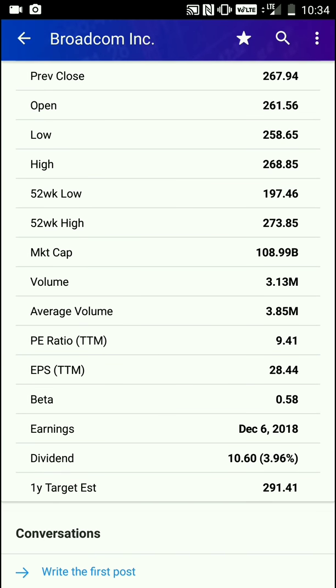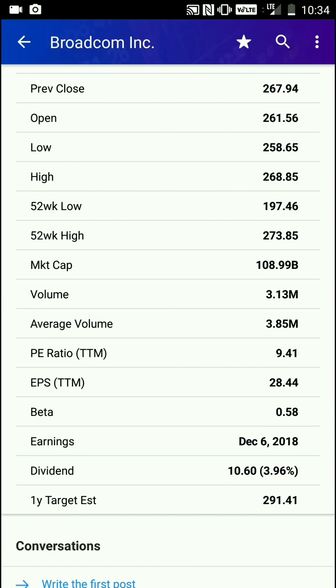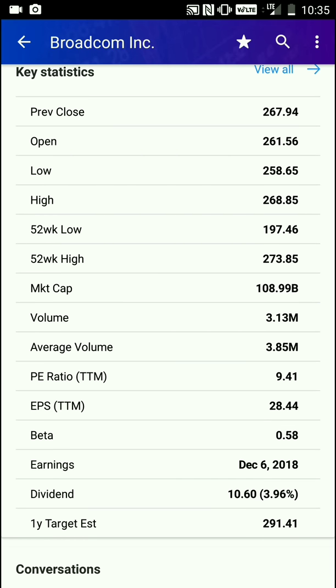If we look at their dividend, Broadcom has a relatively high yielding dividend of almost 3.96%, which is almost 4%, which I think is amazing because we don't know if we're going to get a recession, or if the market's going to slow down. If Broadcom has a major pullback, in the meantime I can collect my 4% dividend as I wait it out.